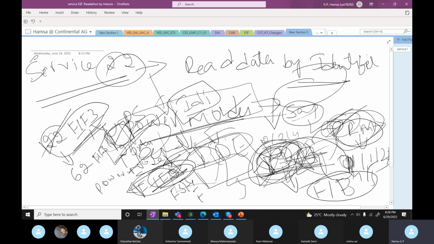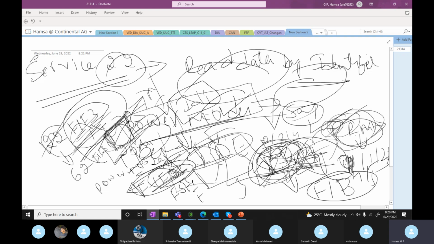All you have to do is run the service 22 F1, F3, and you will get what is exactly stored in that memory. So this is what is called read data by identifier. You are reading the data by using identifiers like this, but that identifier is internally mapped to the memory in the software. Understood?